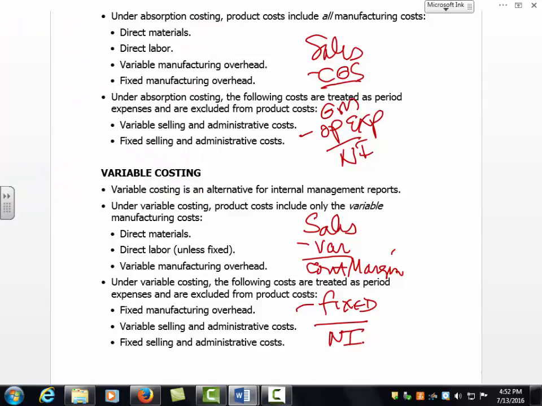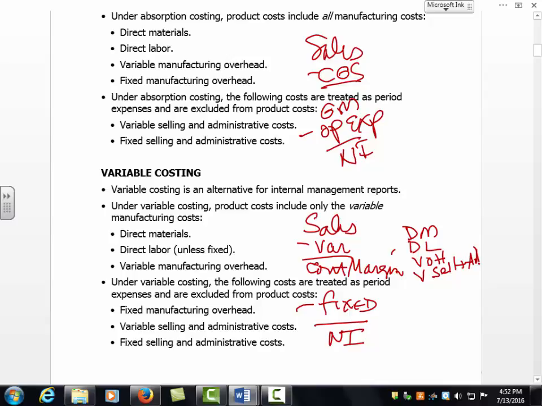All right, so our variable costs then would be our direct materials, our direct labor, our variable overhead, and our variable selling and administrative.